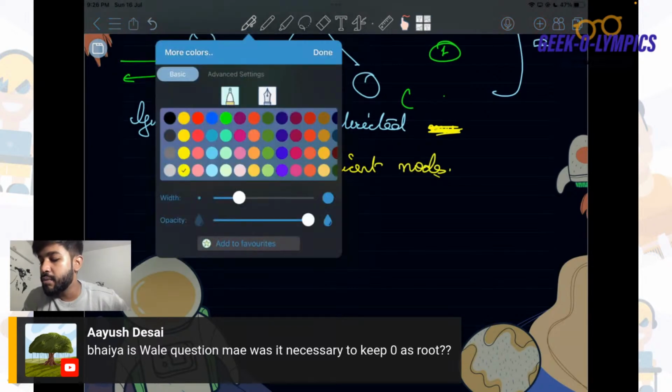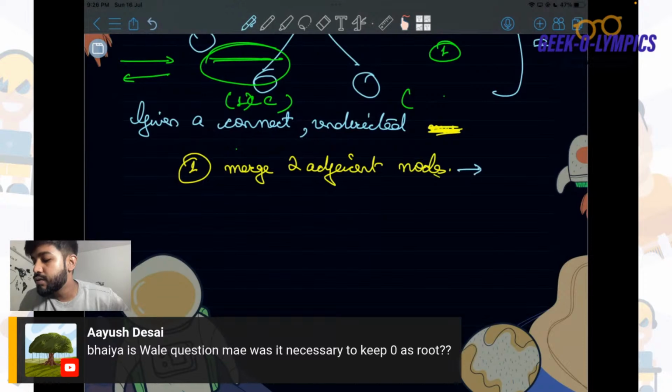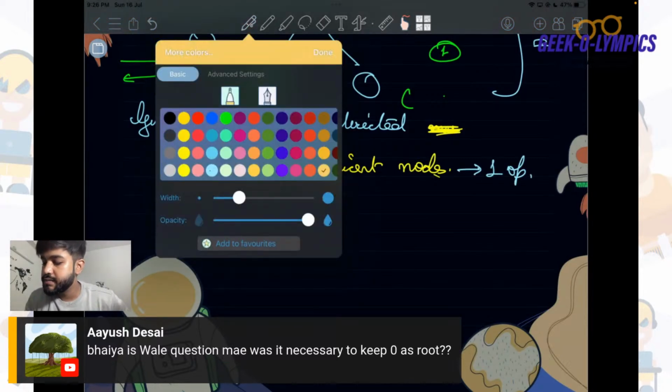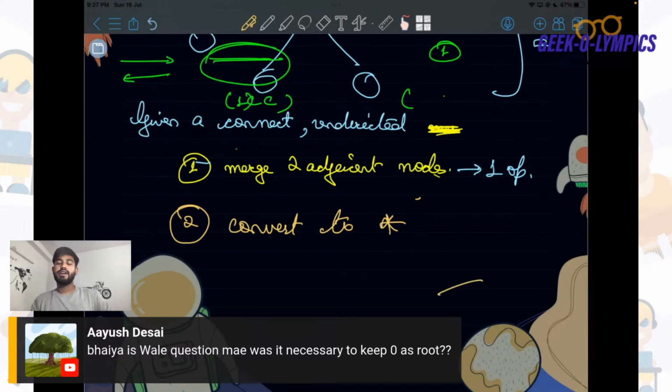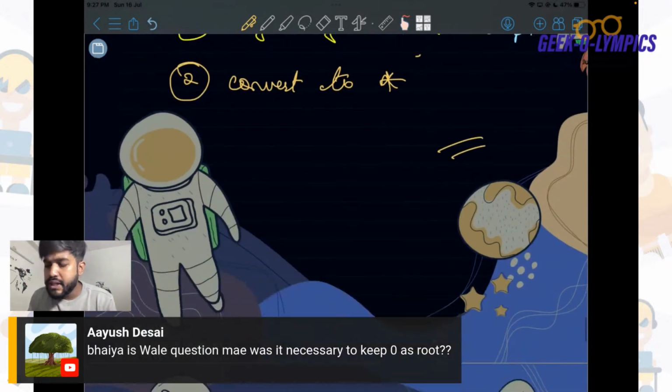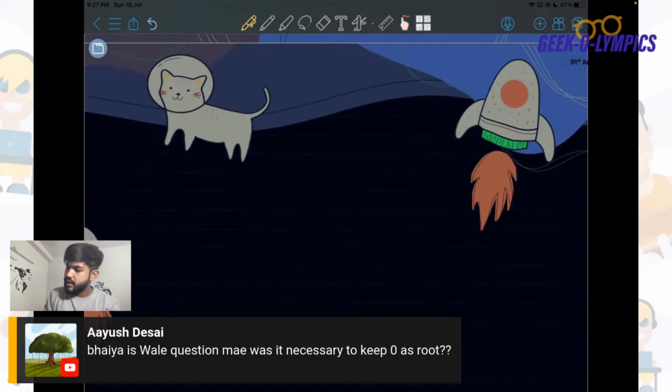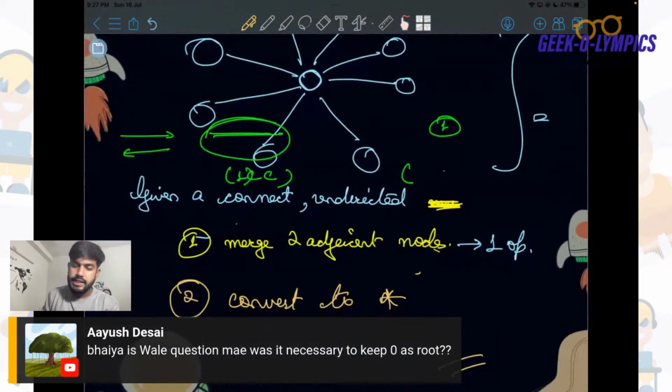Merge two adjacent nodes and convert it to a star tree. This is what you need to do. The sample test cases are good enough. This is what the problem asks us.